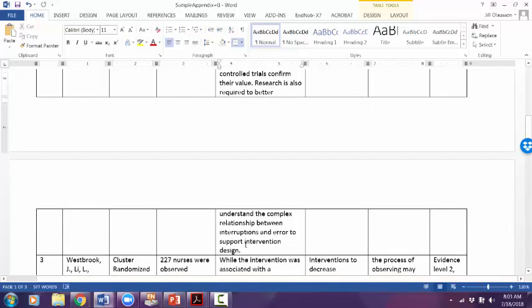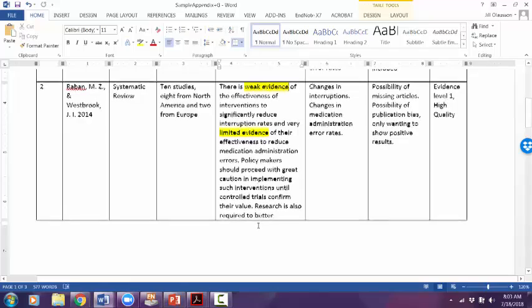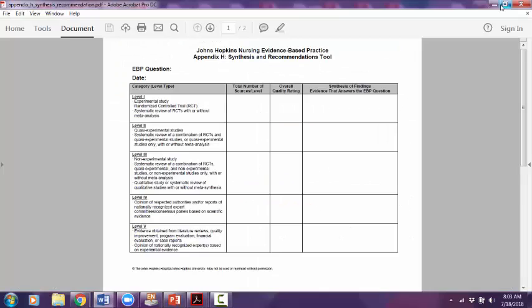So if we go back to the table, we will report the synthesis of the findings that the intervention is not proven to be effective. So in this level here, we have 2 sources, we have high quality, and they're saying that the intervention is not effective. So we'll do that for the level 2 and the level 5.